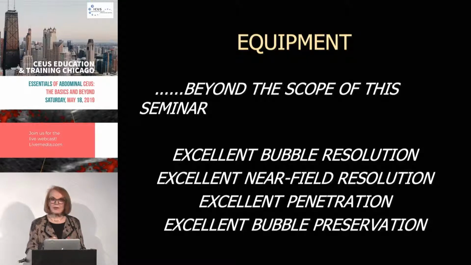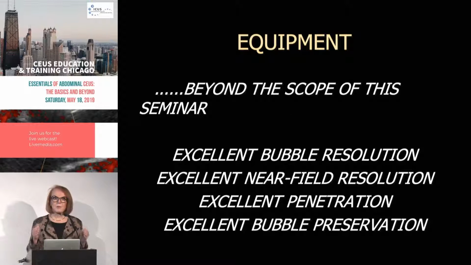Now, in addition to having excellent near field resolution, we want to have excellent penetration. And so, as Richard mentioned, it's kind of been a good guideline that 10 centimeters is about how far we've been able to go. Some of the newest equipment that's out really makes claims to go much, much further.